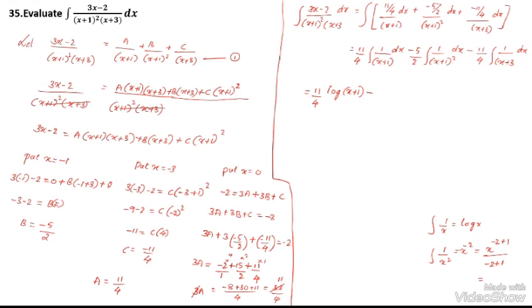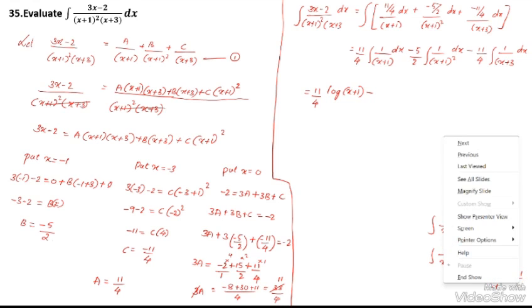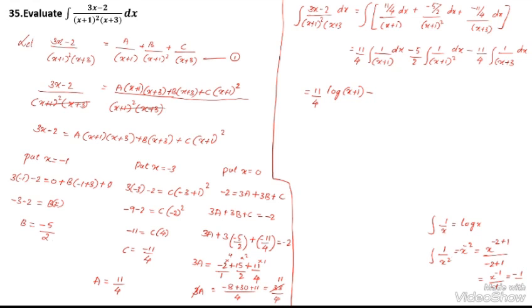While solving, x to the power minus 1 divided by minus 1, that is minus 1 by x. That is, integration of 1 by x square becomes minus 1 by x. Here in place of x we have x plus 1. So there is minus 5 by 2 into minus of 1 divided by x plus 1.